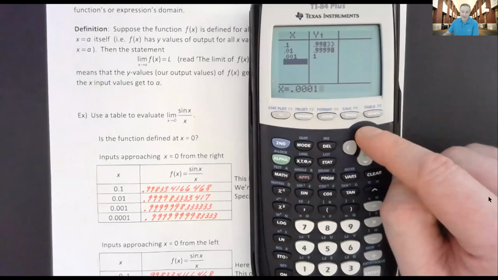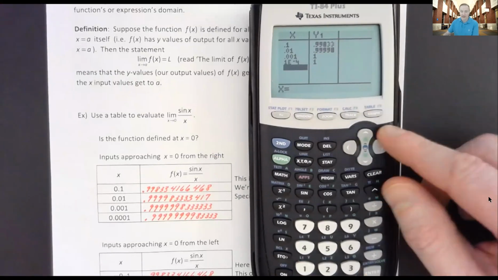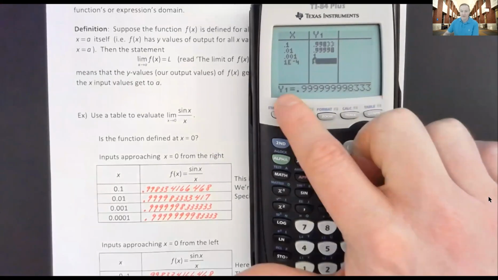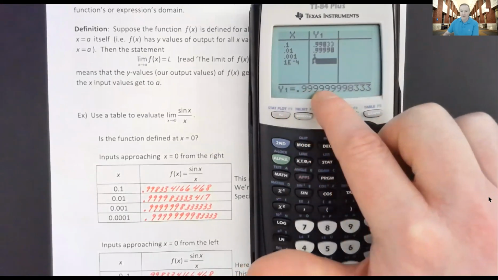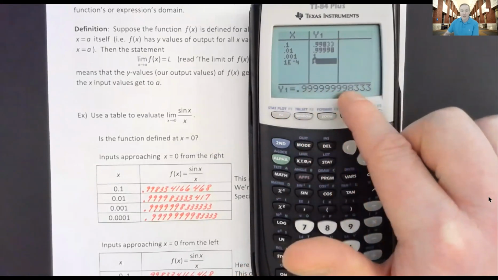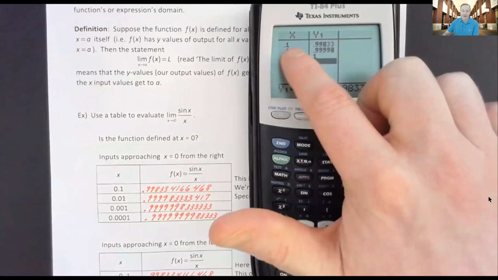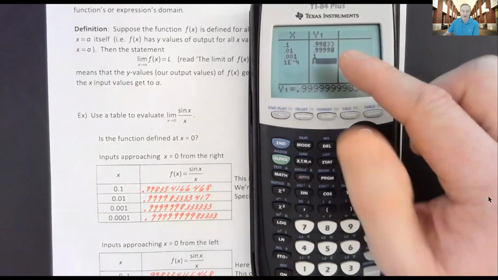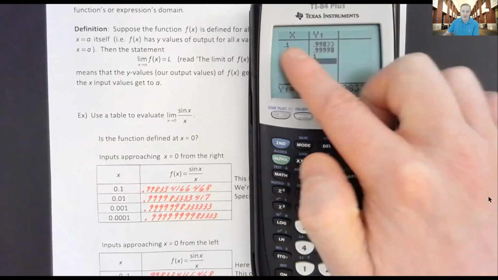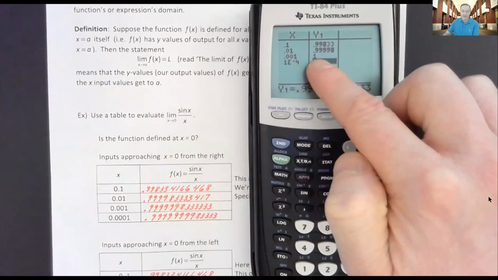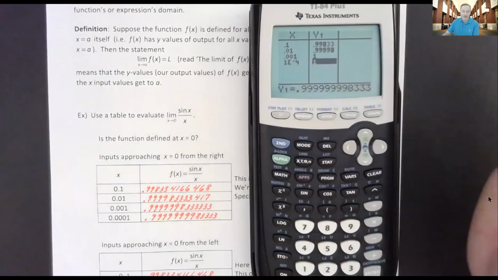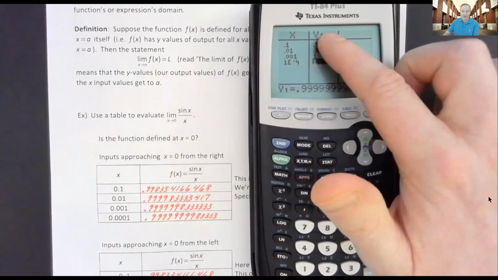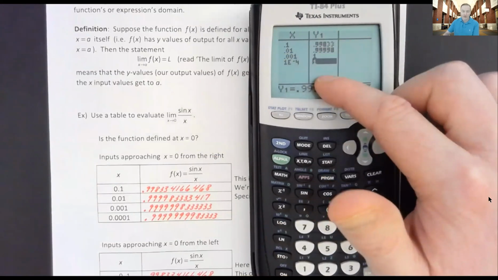I can already say it's going to be 8 9s followed by 833. Please notice that's precisely what it is. 1, 2, 3, 4, 5, 6, 7, 8. So the pattern here, every time we got a factor of 10 closer to 0, it added 2 more 9s after the decimal, of course, making this number ever and ever and ever closer to 1.